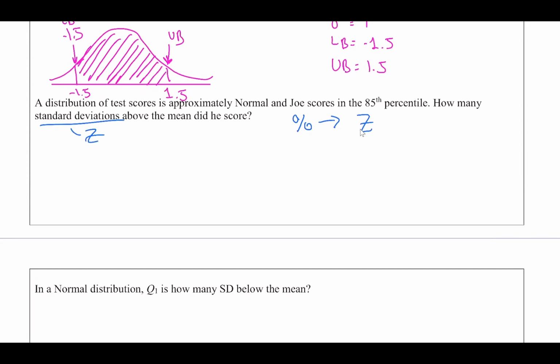One thing you have to know about percentile is that it's always the bottom percentile. So if I want 85%, that means this is 85%, the bottom 85%.